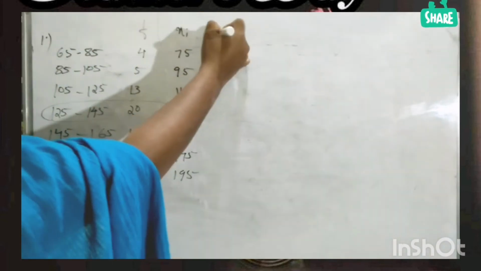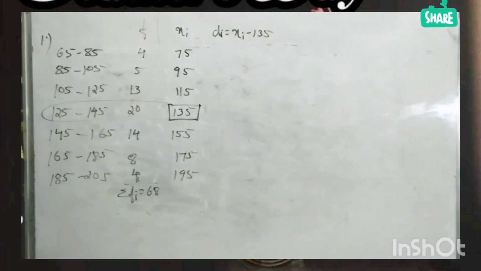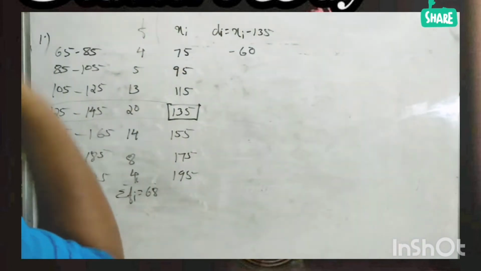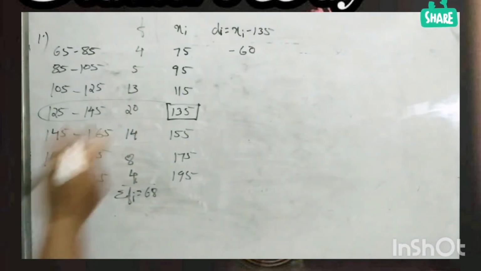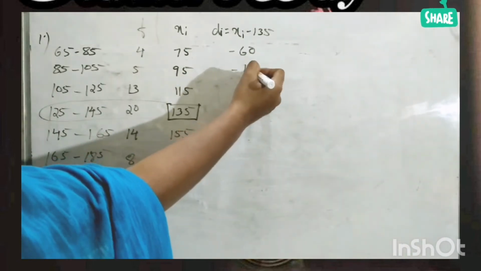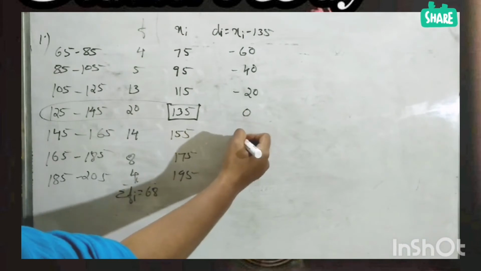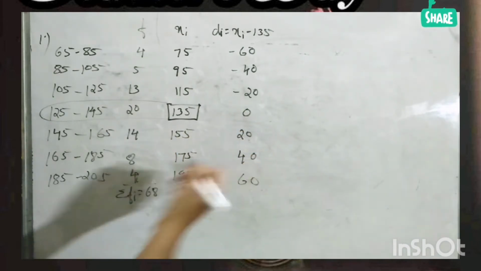So the next one is di is equal to xi minus 135. That is 75 minus 135, that is minus 60, minus 40, minus 20, 0, 20, 40, 60.